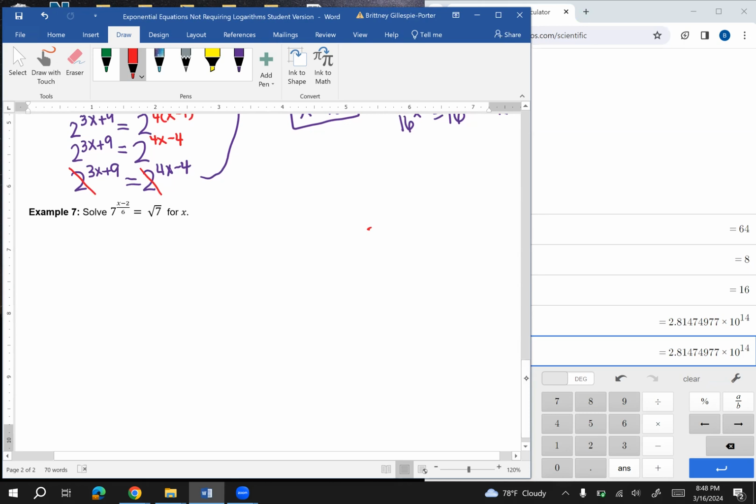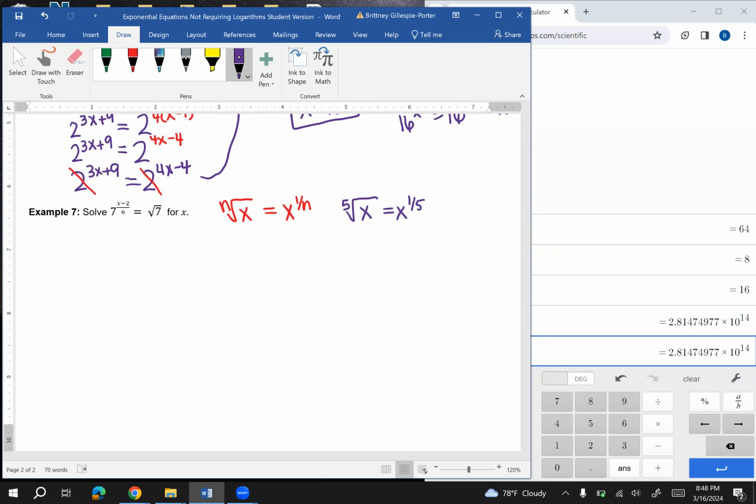And this one you have to remember a radical rule. It says that if you have the nth root of x, this becomes x to the 1 over n. So for example, if I had the 5th root of x, that would be x to the 1/5.